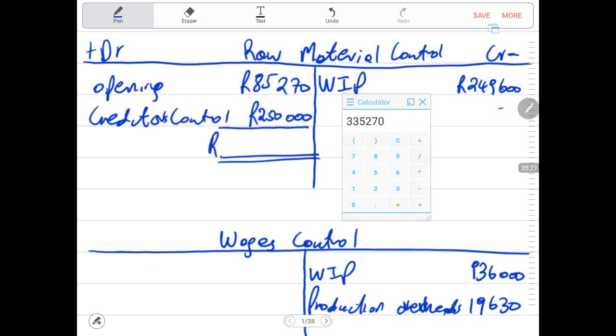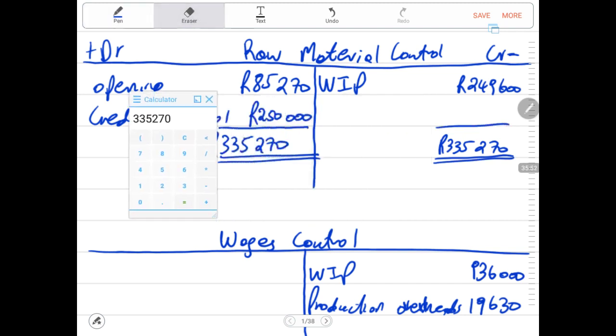Then you say the material that was available for issue is 335,270, which is the direct material available for issue.